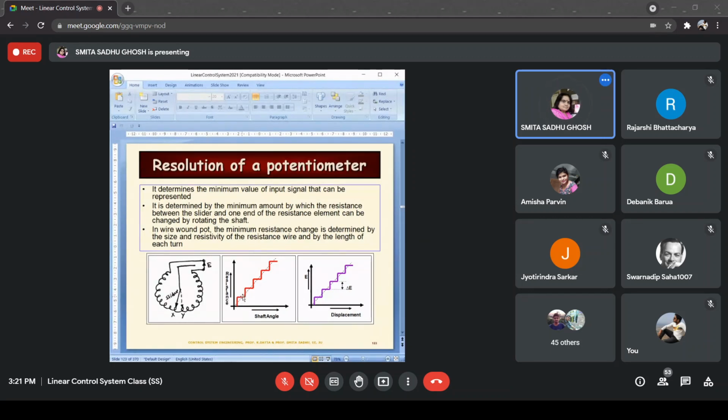It goes from one turn to the next turn, and till it again goes to the following turn, the value of the resistance remains the same. So that accounts for this constant portion where there is no further change till again a particular angular displacement is exceeded, where again there will be a jump.